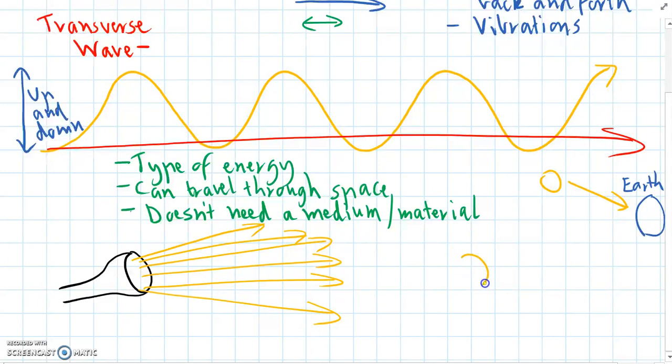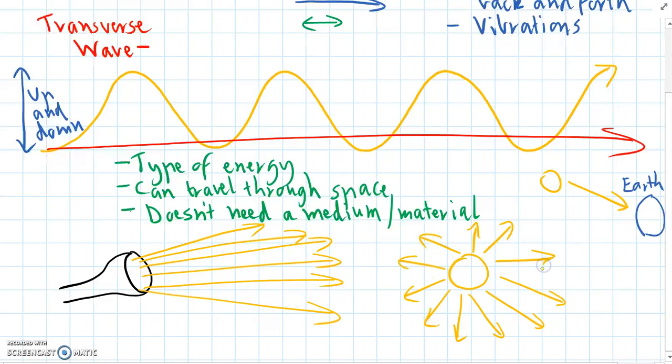Just like how we draw a sun. The rays of the sun, so the light waves, move out in a straight line from the object that's creating the light.